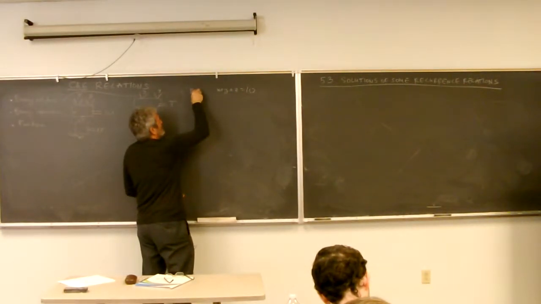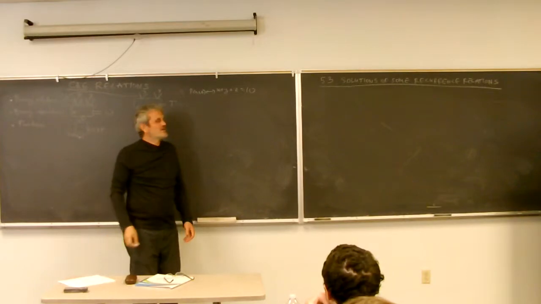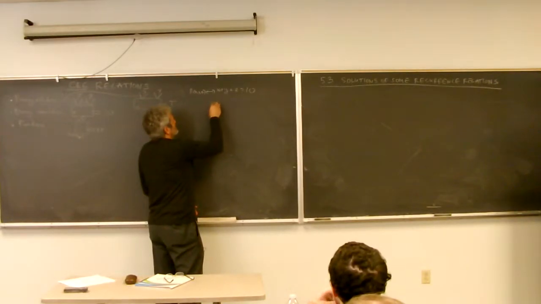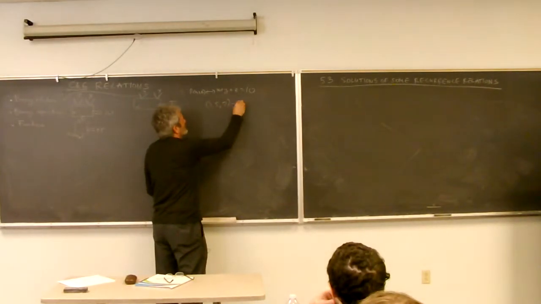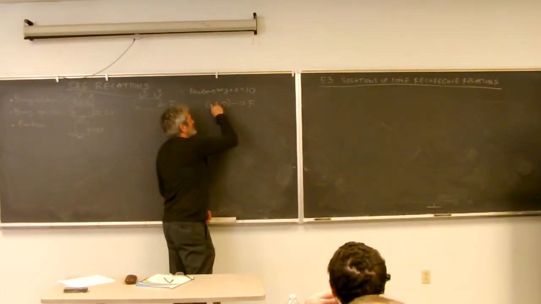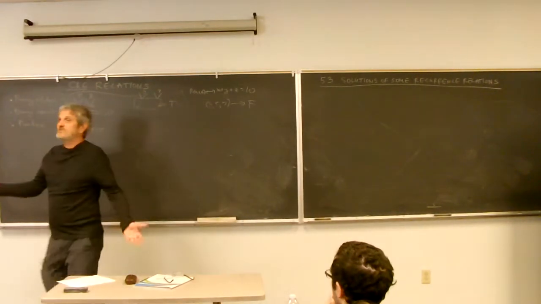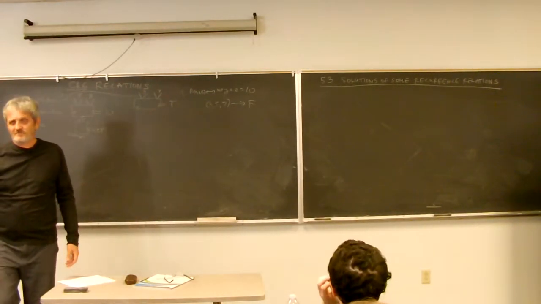We'll say R of x, y, z if and only if x plus y plus z equals 10. If I feed 3, 5, 7, what will be your answer, yes or no? False. And how many inputs am I feeding? 3 inputs, so that would be ternary. Relations could be of any length.